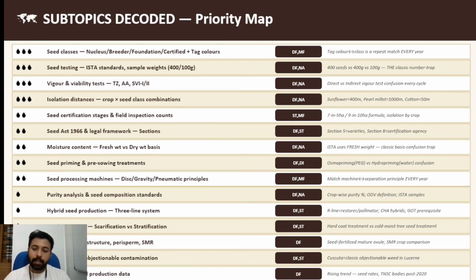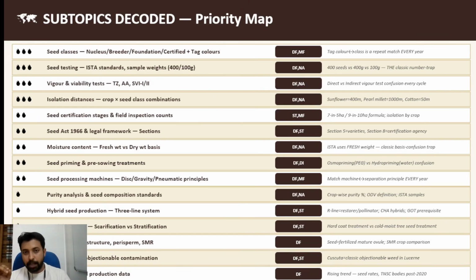Then comes the next one, the weed seeds and objectionable contaminations, because these are parameters that are to be very well monitored and regulated so as to ensure the purity of the planting material. There should not be any objectionable weed.